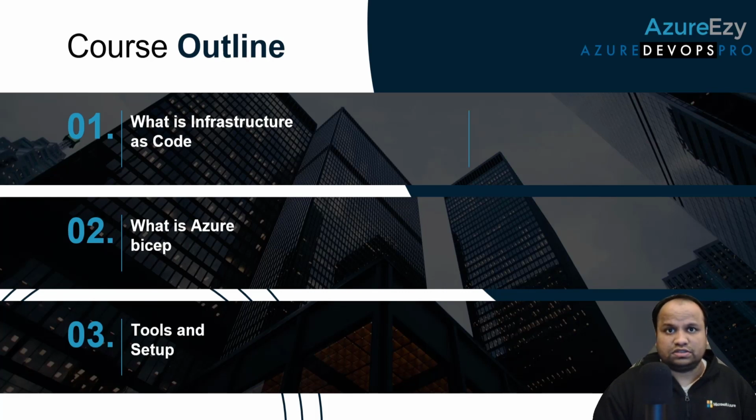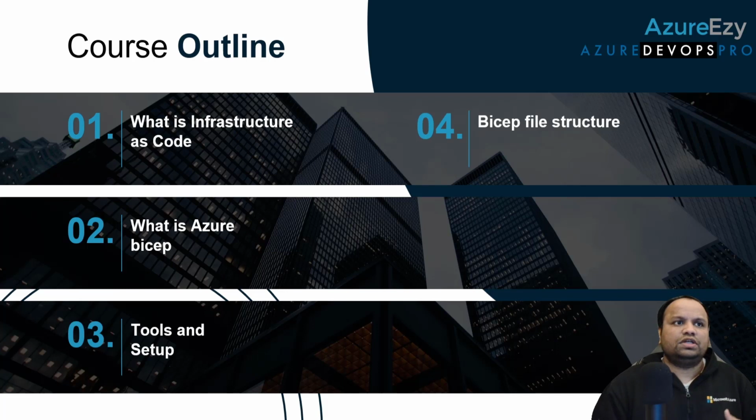So we had a quick start there, and today we are going to discuss the Azure Bicep file structure, and in subsequent sessions we will cover different aspects of the Azure Bicep file.